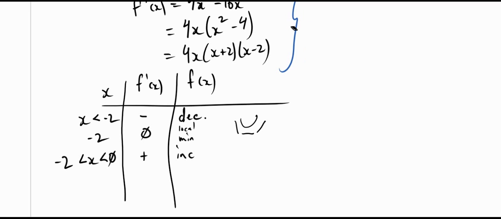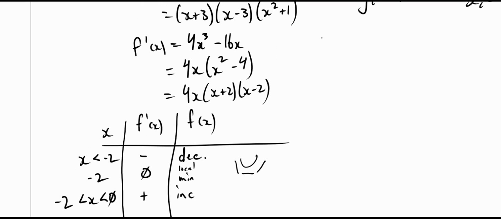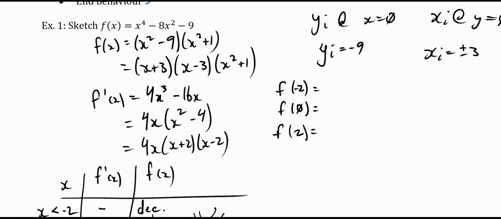And I want to figure out where that local min is. So I am going to find all these values. And again, I'm looking in the actual function we're sketching, not the derivative here.